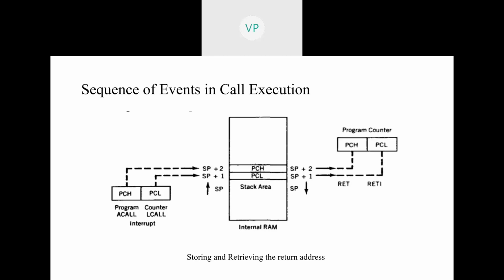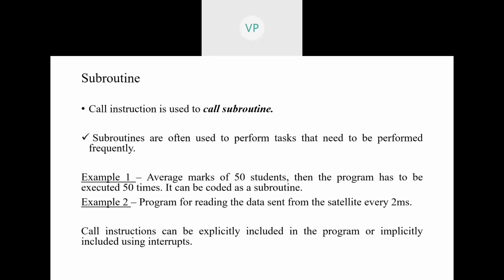As I said in this sentence, the call instructions can be explicitly included in the program or implicitly included using interrupts. It is either directly called in the program using a call instruction, or it is implicit.